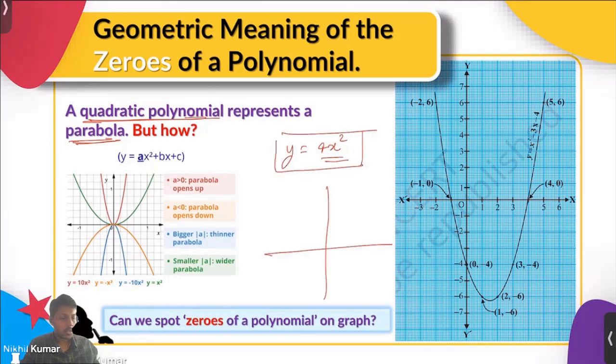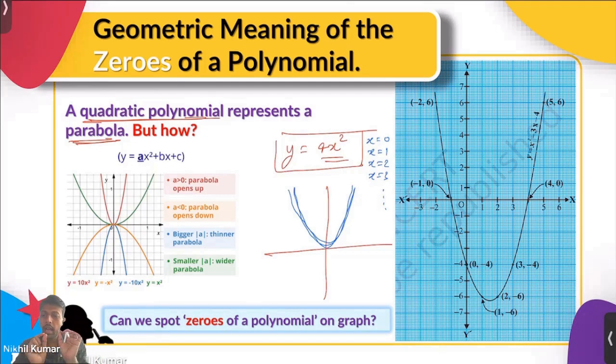You'll find that you're getting some graph like this. You pick any parabola, try plotting. How do we plot? We choose different values of the independent variable. That means you choose x equal to 0, x equal to 1, x equal to 2, x equal to 3, and so on. You will get corresponding values of y.